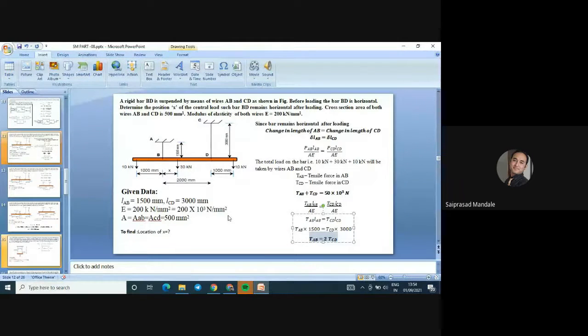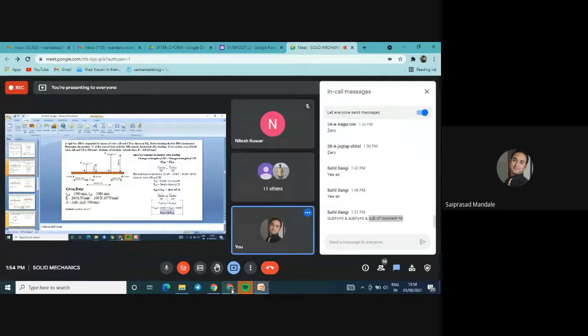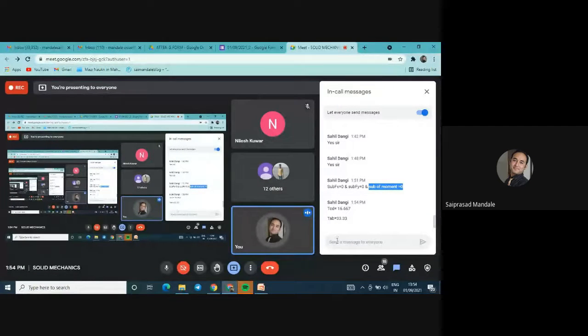Simple, very simple. Tell me the answer. T of CD is equal to 16 and T of AB is equal to 33.